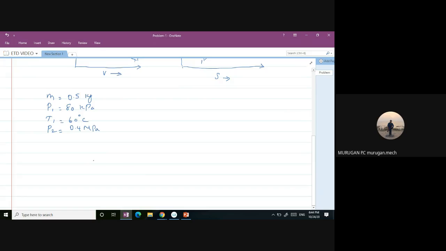With this, we have to find out the remaining data. We have to find Q as well as W for the process.